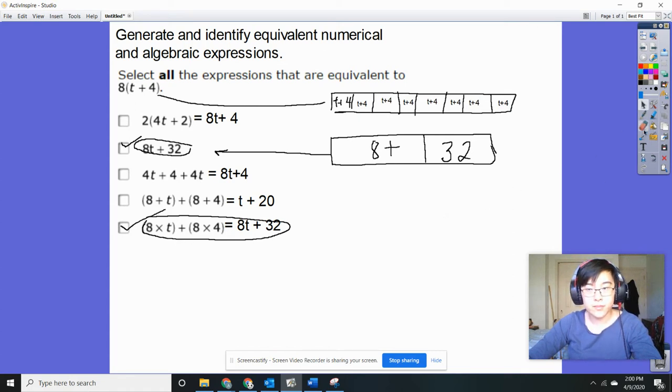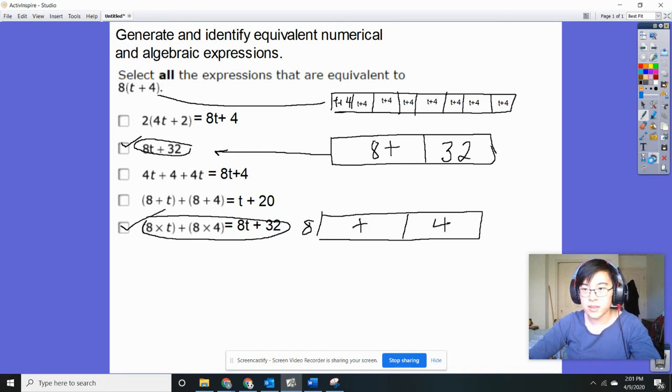Now this one, how do I show that? Oh, I can show it like this. I have 8 times t and 8 times 4, so I can show it using a rectangle again. I have my 8 over here, so I'm going to do my area model, 8 times t. This can be t, and this can be 4.